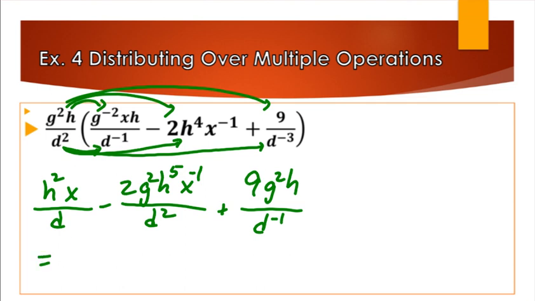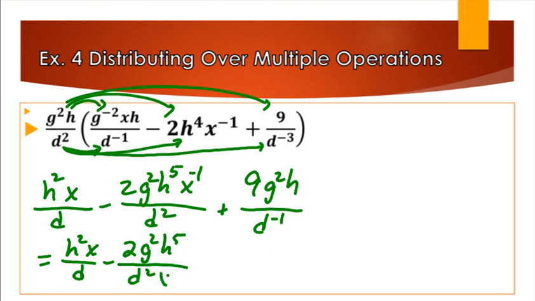That would give us h squared x over d, minus 2 g squared h to the fifth over d squared x on the denominator, plus 9g squared h d all over 1. And then our variables d and x cannot equal 0.